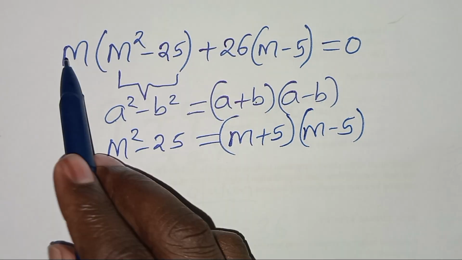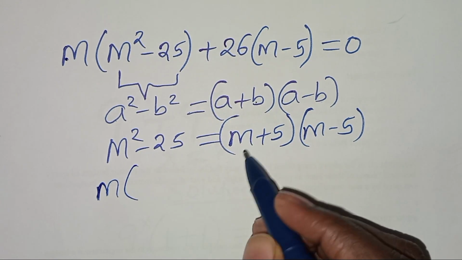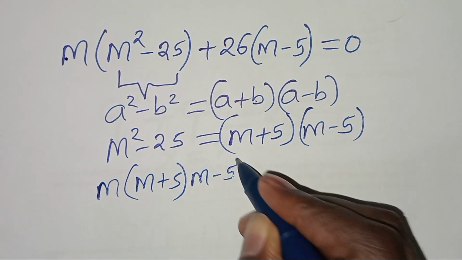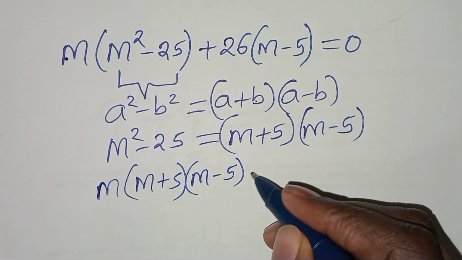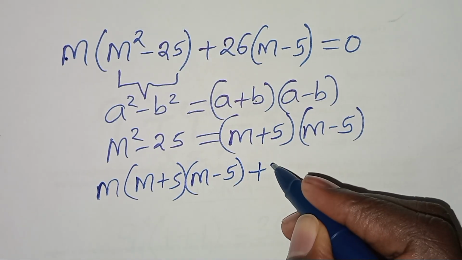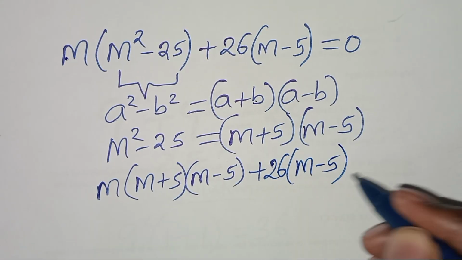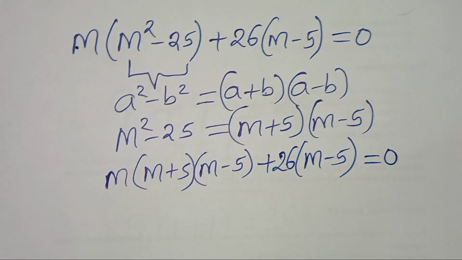Substituting this, we'll have m plus 5, m minus 5, plus 26 times m minus 5, equal to 0.